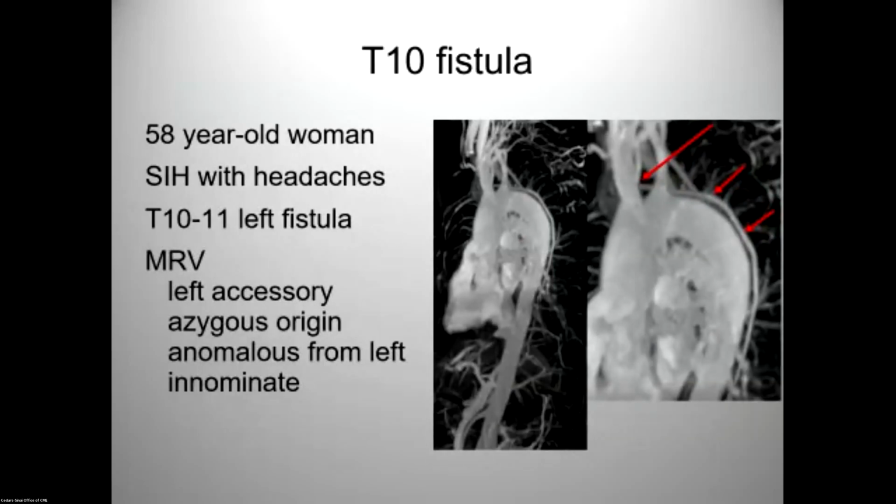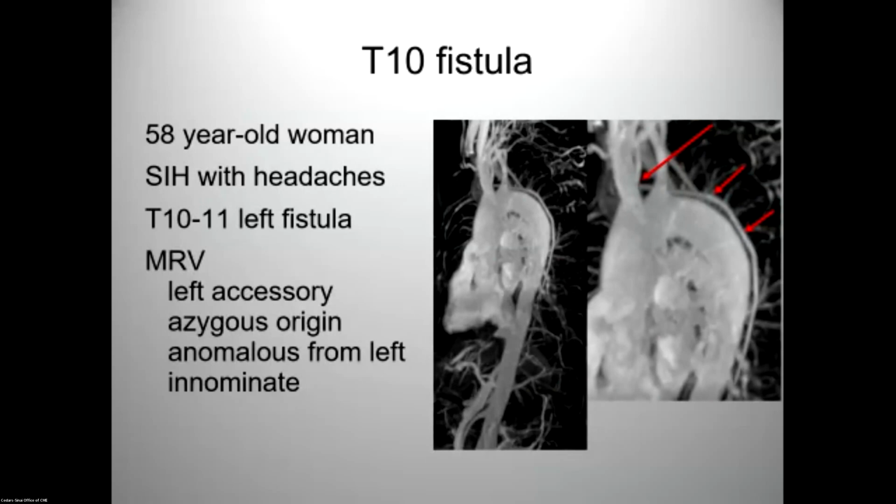This here is a patient, just to demonstrate how we use the MRV, a 58-year-old woman with SIH and headaches, with a DSM T10-11 fistula. And this one shows this vessel here, and there was no left hemiazygos. So to get to T10-11, you run down the azygos, but then you're blocked on the left side. So you go to the hemiazygos.